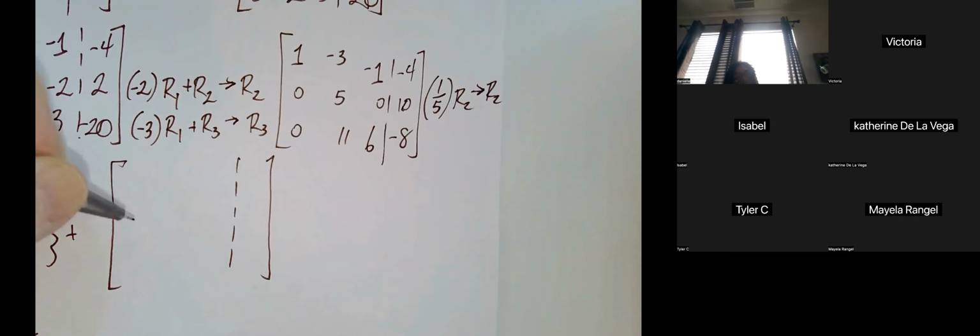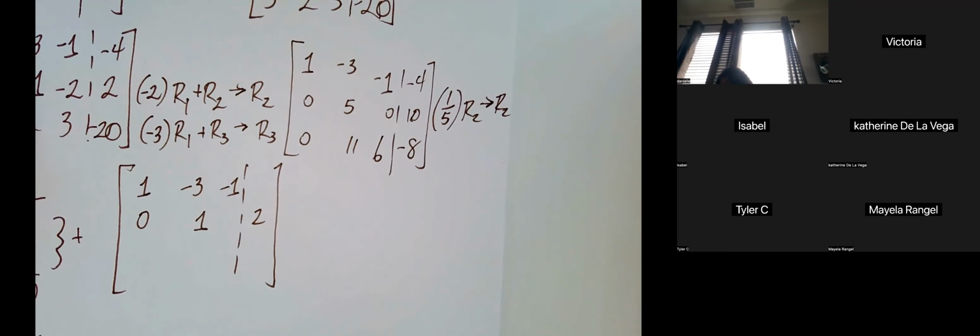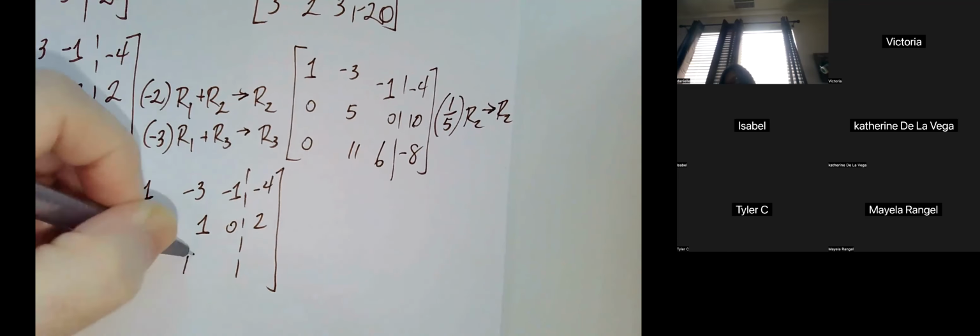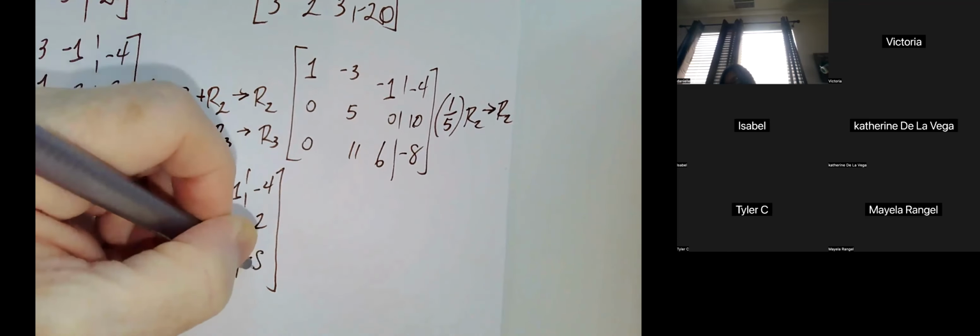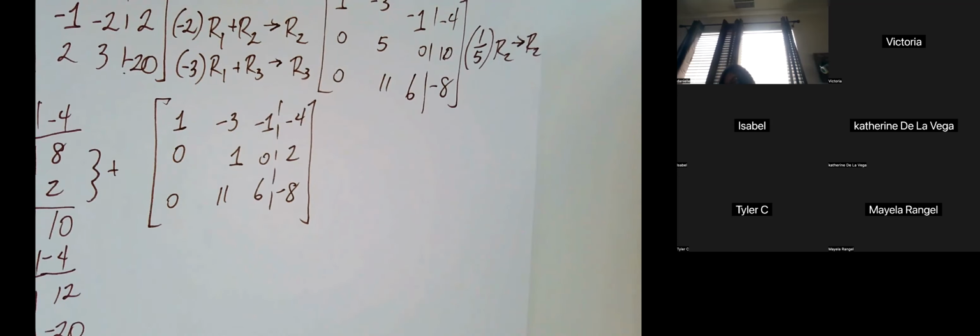So our new row 2 is 0, 1, 2. We still have 1, -3, -1, -4, and 0, 11, 6, -8. Okay, now what do we want to do now to finish off column 2?